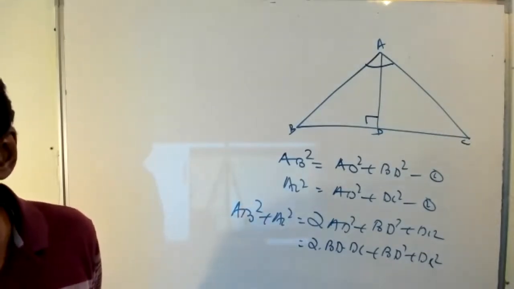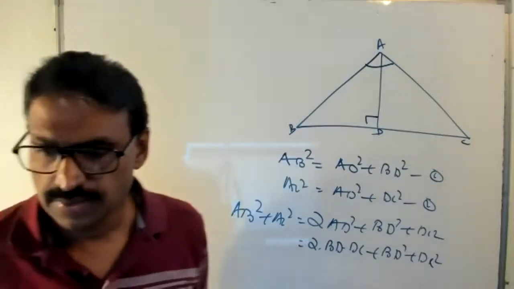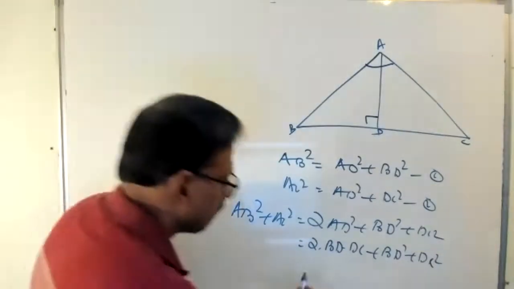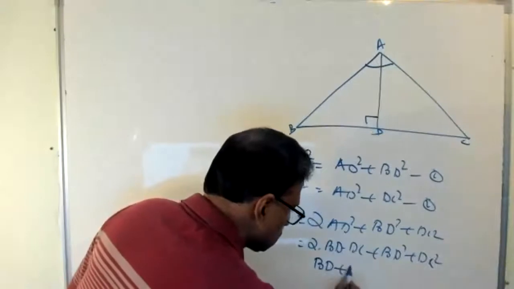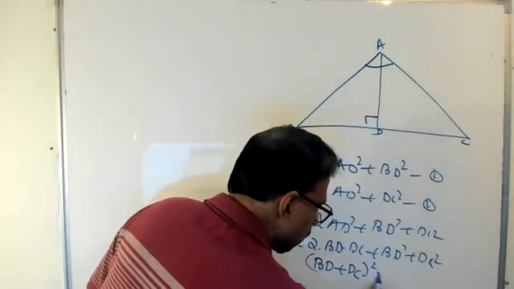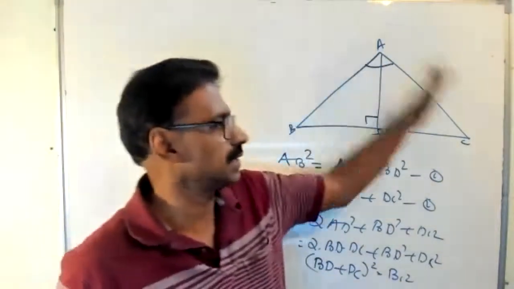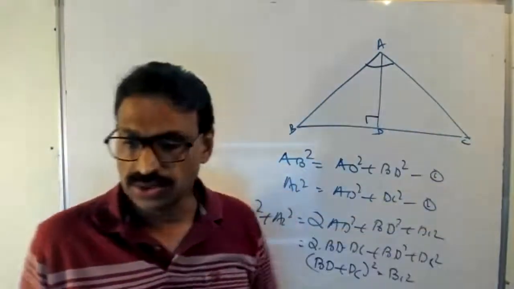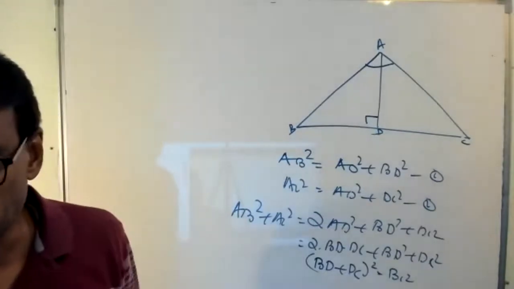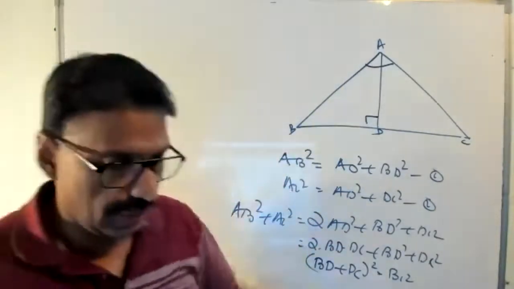BD plus DC whole square equal to BC square. Correct or no? So we got now AB square plus AC square equal to BC square. So by converse of Pythagoras theorem, angle A 90 degree.